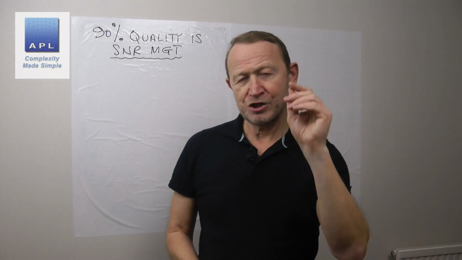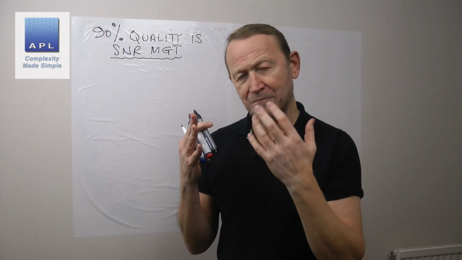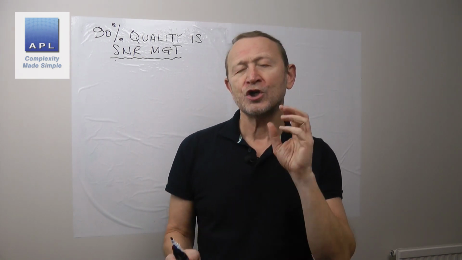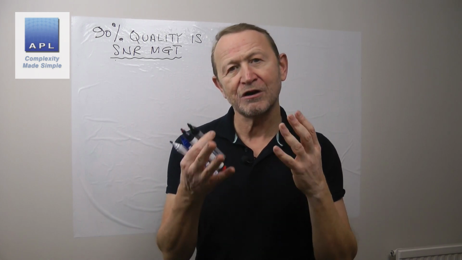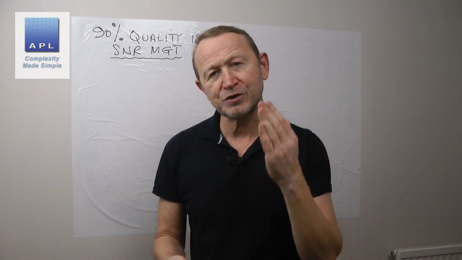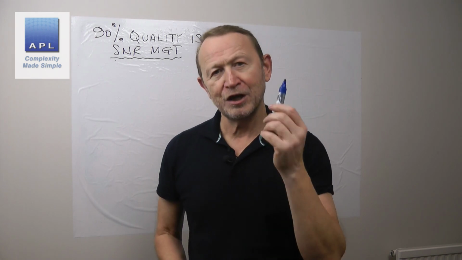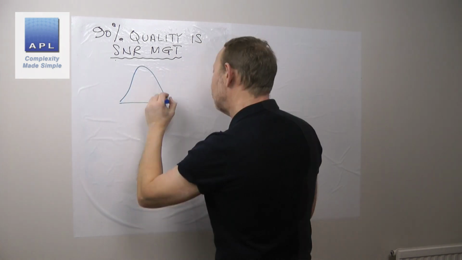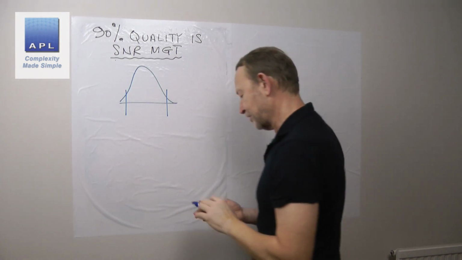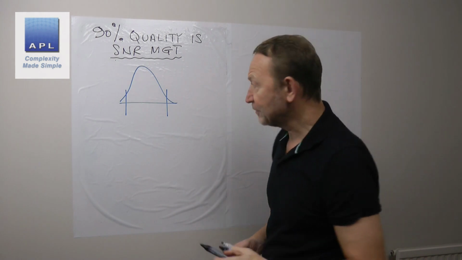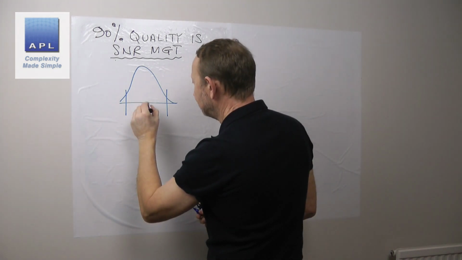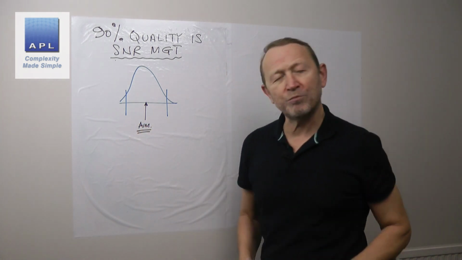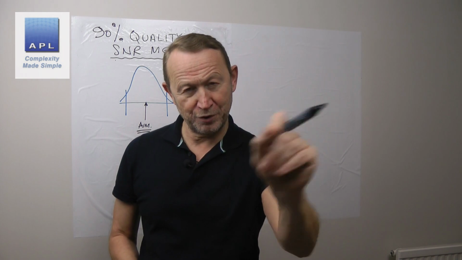But anyway, in order to understand my statement, you've got to understand the physics of a process and the types of problem you could have. There are two types of issue. You can have a process that isn't capable. In other words, you've centered the process, so your process aim is perfect.